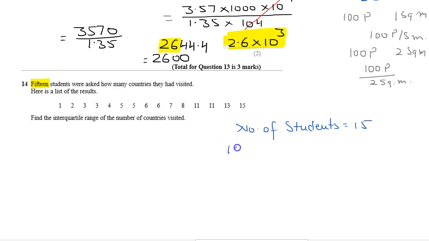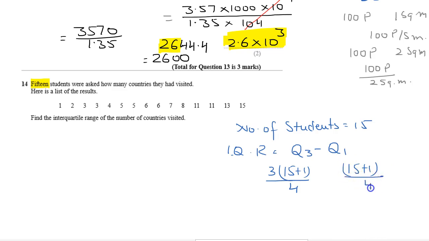Interquartile range, IQR, is Q3 minus Q1. Q3 is 3 times (15 plus 1) over 4, and Q1 is (15 plus 1) over 4.